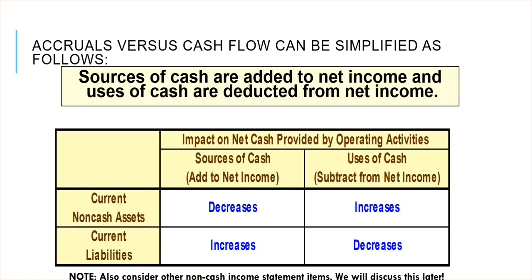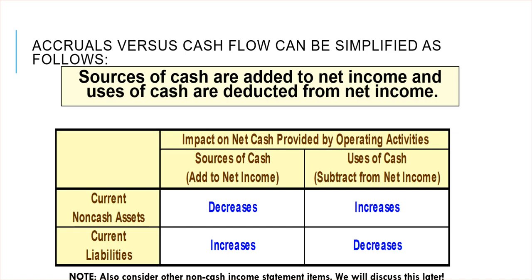You list net income first, and if your non-cash current assets increase, it shows up as a decrease in that operating section, and if they decrease, it shows up as an increase.